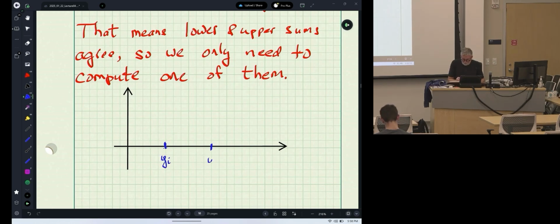Okay, we'll do our grid in the dummy variable y.